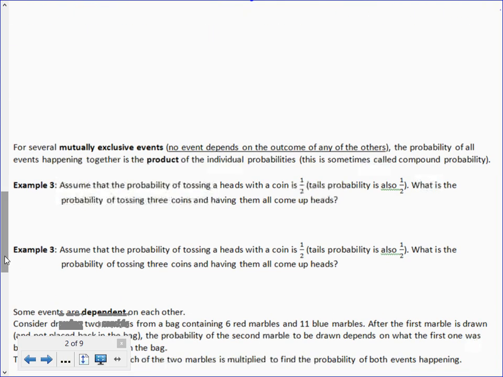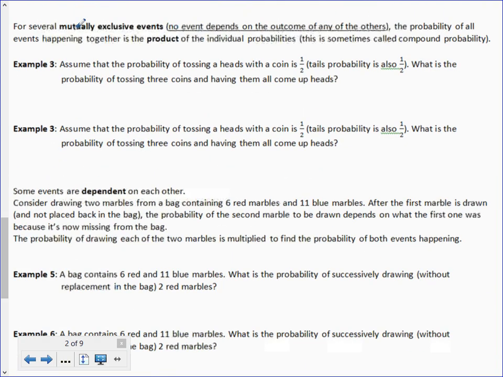Mutually exclusive events, okay? Mutually exclusive. Anyone have a coin on them? A quarter? A nickel? I have them in my pockets. Okay.